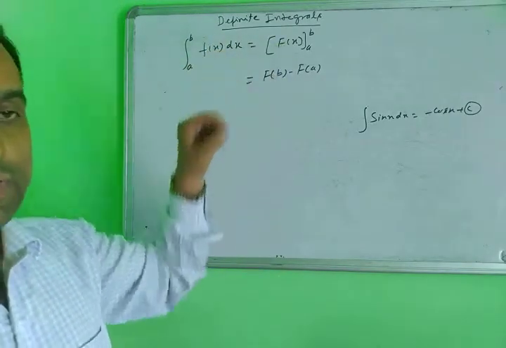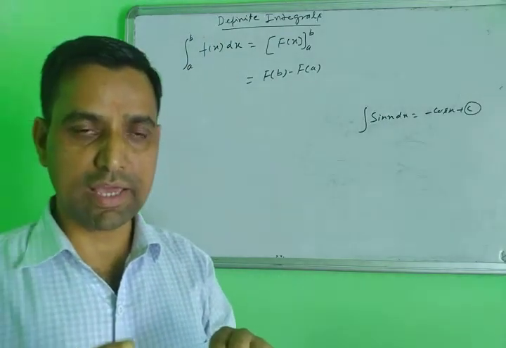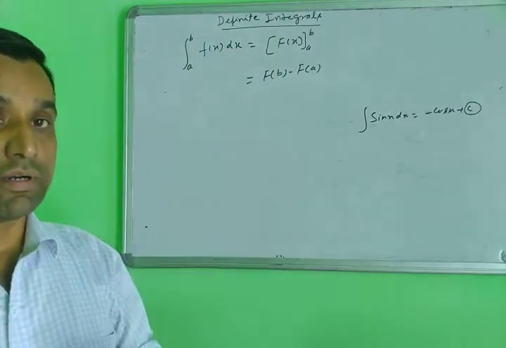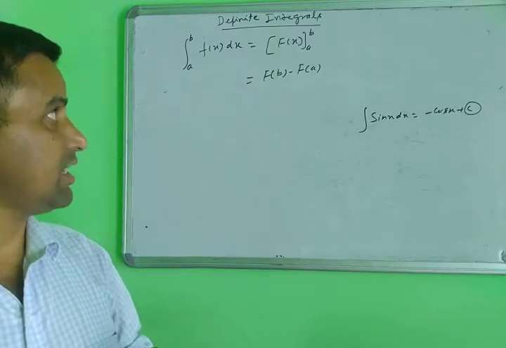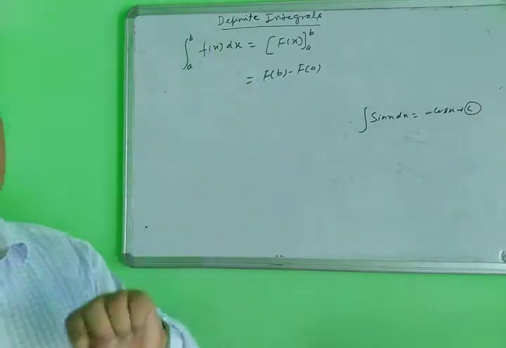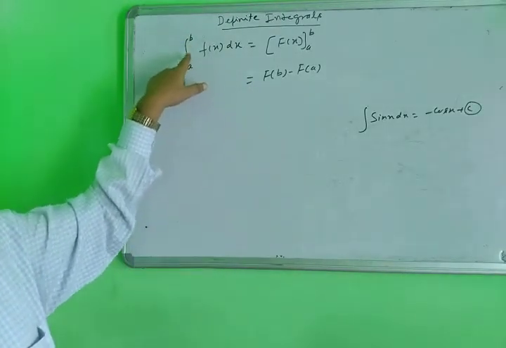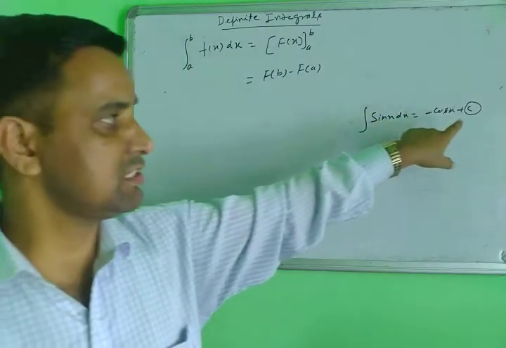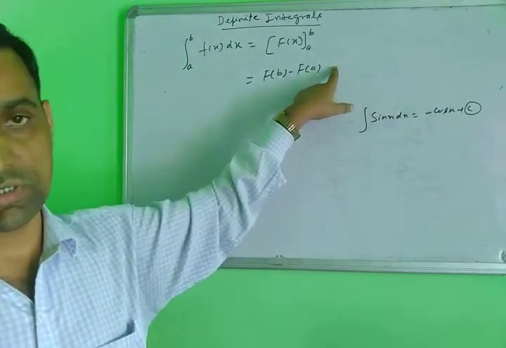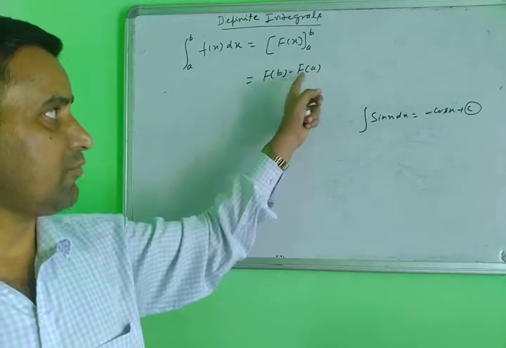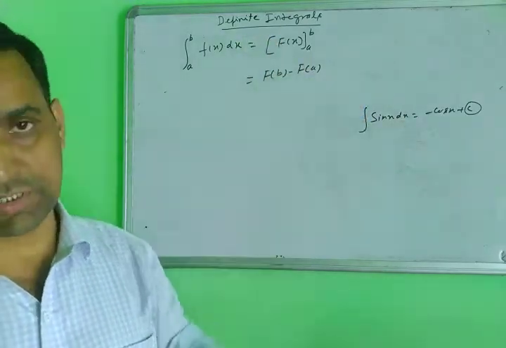You can use any trick or method from indefinite integrals. The method does not change, only the limits are used, and you will not put the constant c here. Since you are finding a definite value, there is no constant.